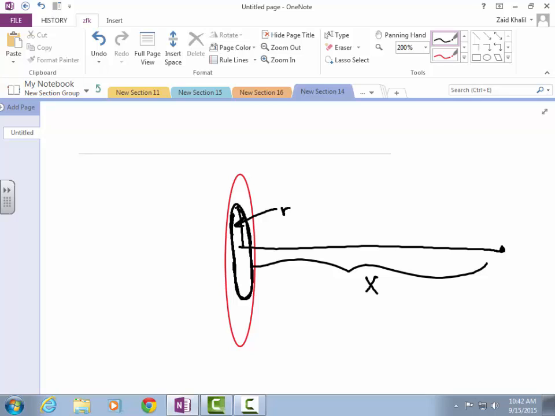It's an electroscope. It's your normal electroscope.